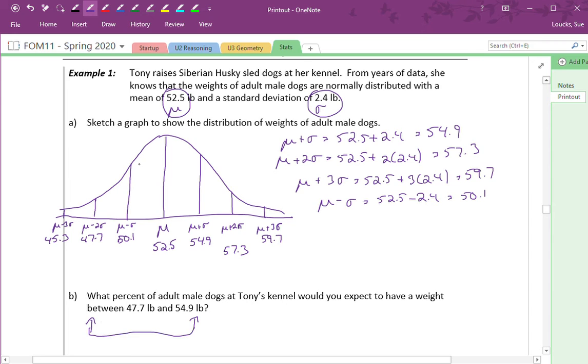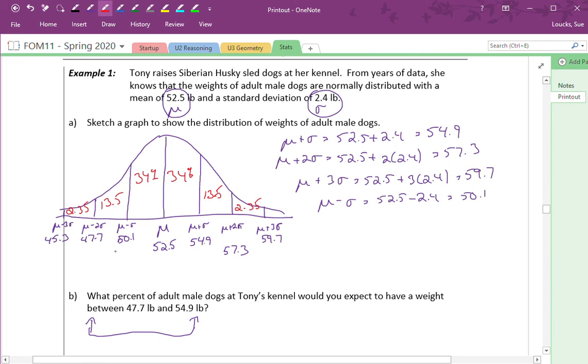And there were some numbers we didn't put up here, but we do know that there are 34% of the dogs in here and approximately 34% in here, and approximately 13.5% in here, and 13.5% in here, and 2.35% and 2.35%, right?